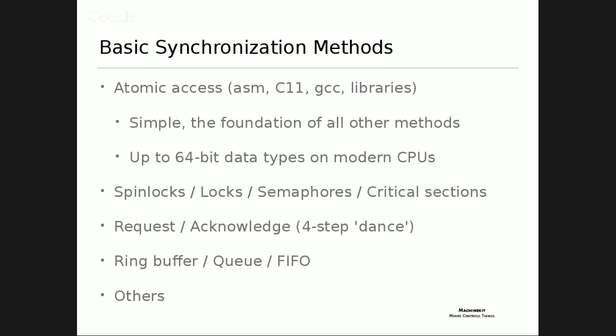And one of the simplest and most basic building blocks for synchronization is atomic access. That basically means atomic, indivisible. You're guaranteed to get the entire value or write the entire value whenever you access it. And there are various ways to generate atomic accesses.